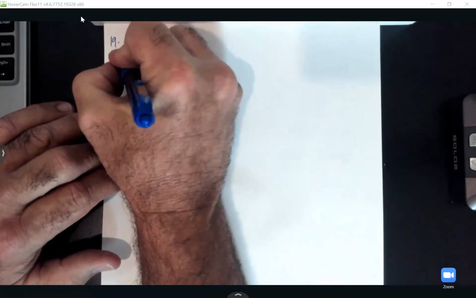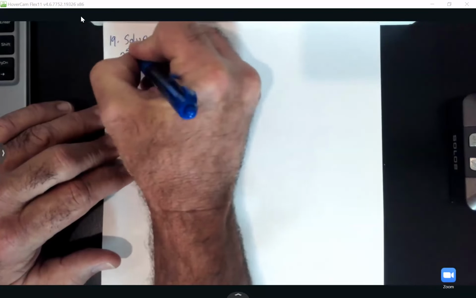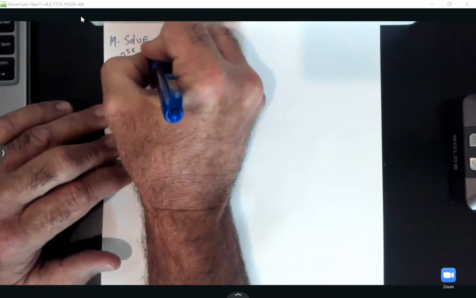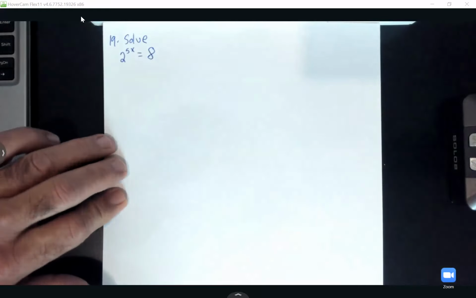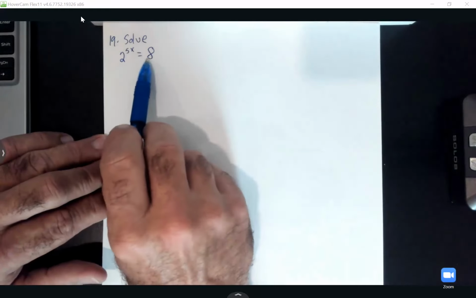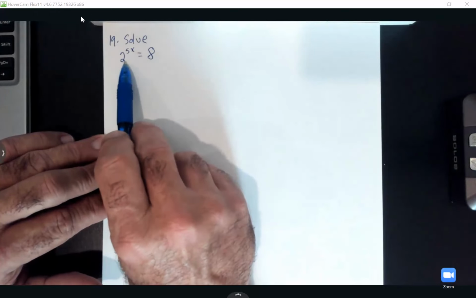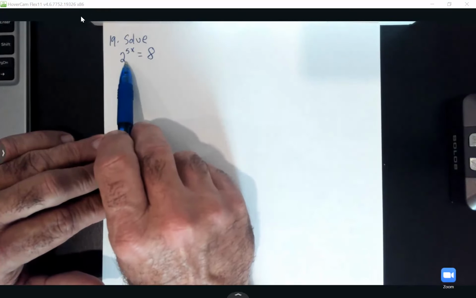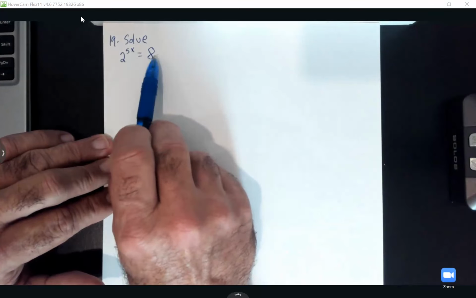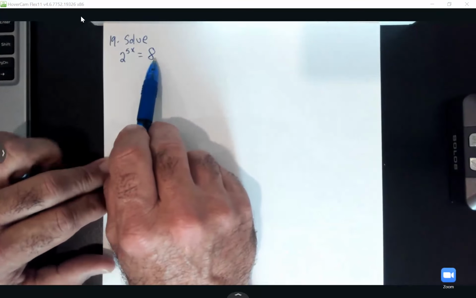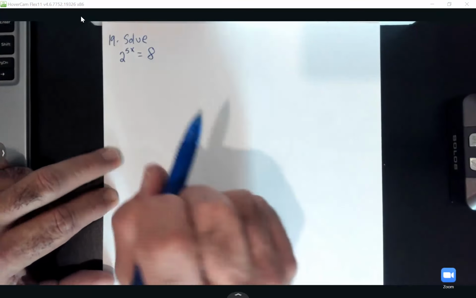So for the first exponential, I got 2 to the 5x equals 8. So for your number 19, you're going to rewrite whatever number's on the right side using the same base as the left side. So how many 2's do you have to multiply to get an 8?